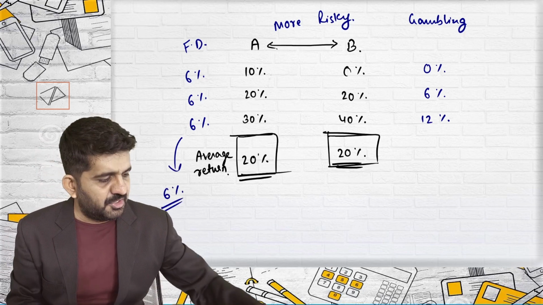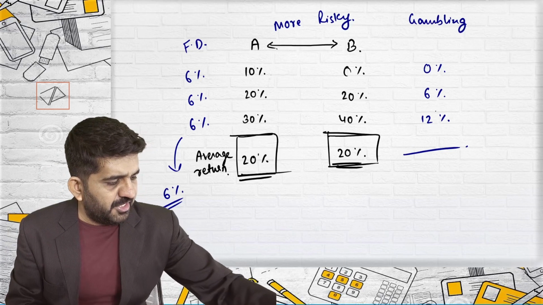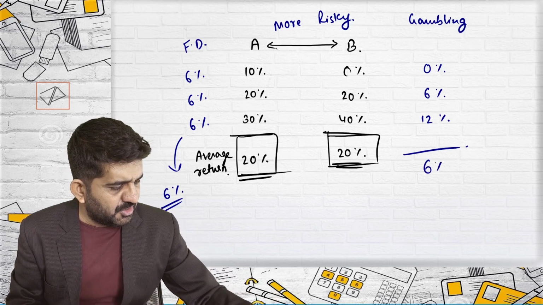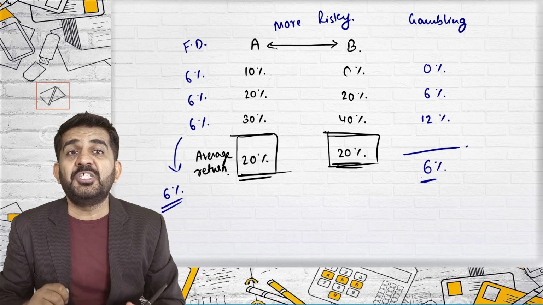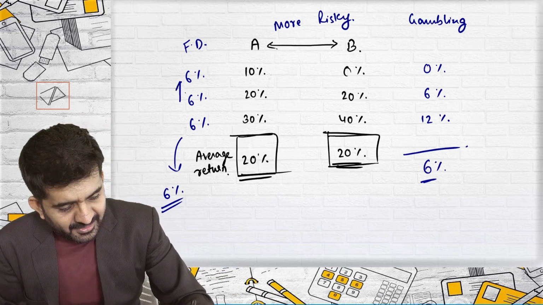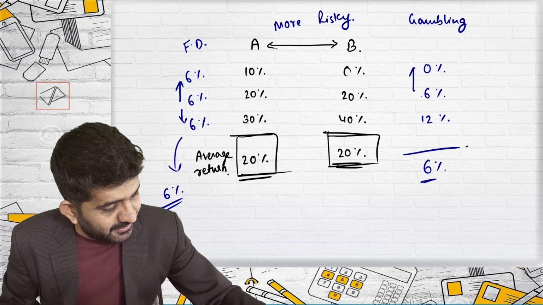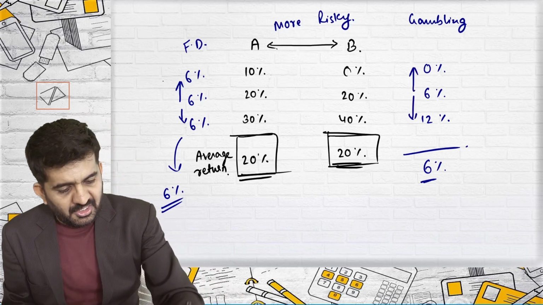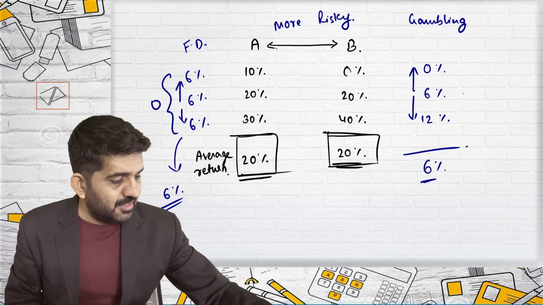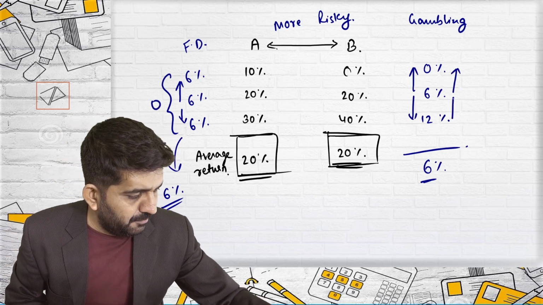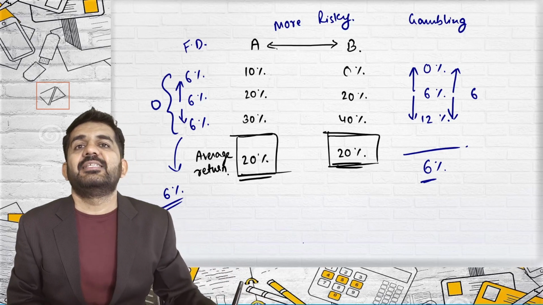You are going to get 6%. What will be average rate of return in gambling? Again 6%. 0 plus 6 plus 12 is 6%. Which is more risky? Where the variability is higher. See here practically standard deviation is 0. Your standard deviation from mean is 6.